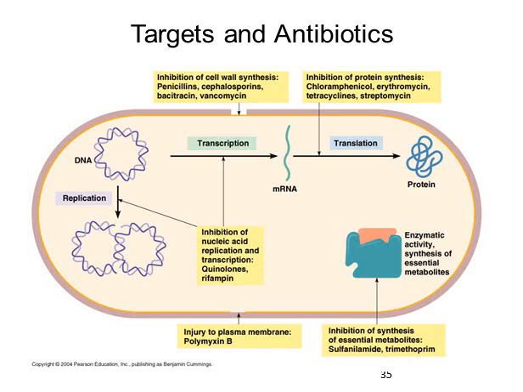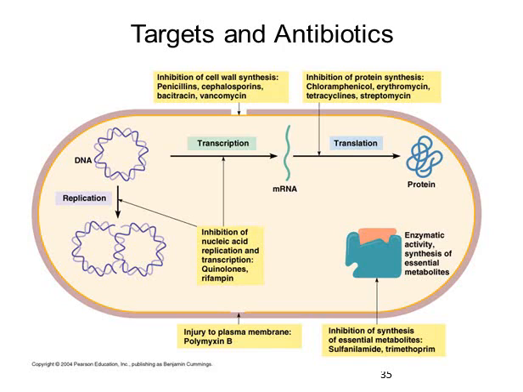This slide gives you a summary of targets and antibiotics. First of all, at the top you can have inhibition of cell wall synthesis, for example, via the penicillins and cephalosporins. You can inhibit protein synthesis with drugs such as chloramphenicol or erythromycin, tetracyclines or streptomycin.